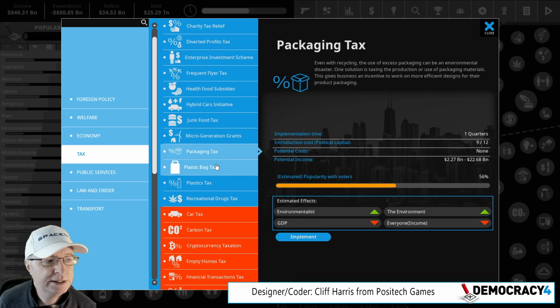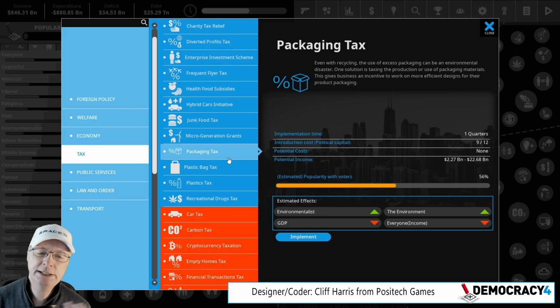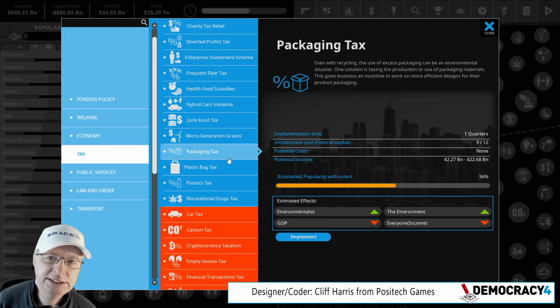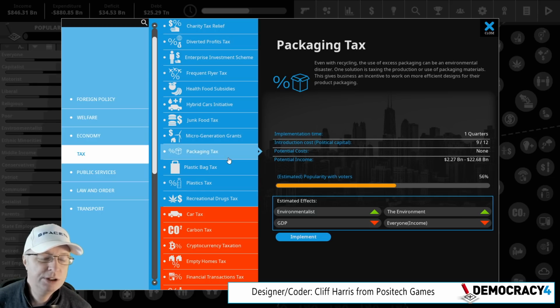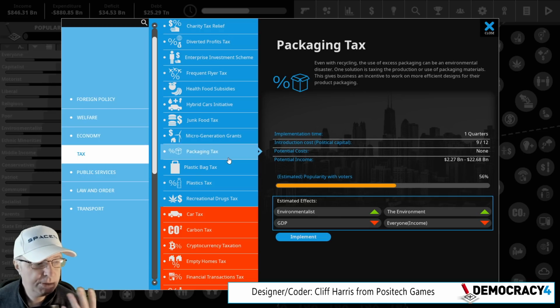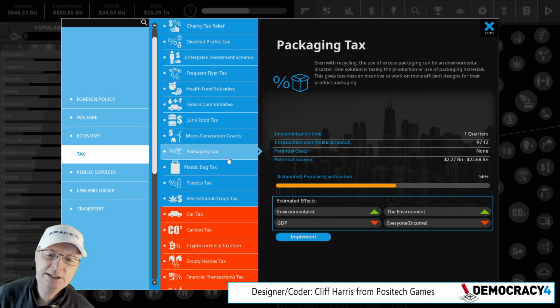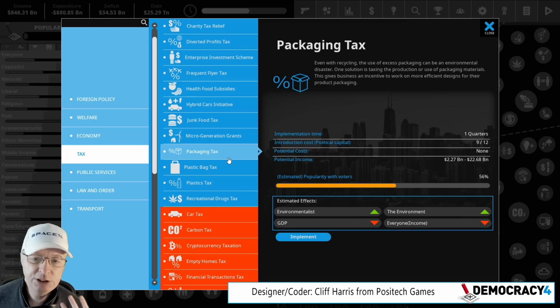So you need more intelligent, more sophisticated, possibly more expensive packaging machinery and processes in order to reduce the amount of packaging you use. So it will cost business more money and therefore it will impact GDP. Obviously it will cost business more money. If it didn't, they'd already be reducing packaging, right? That just stands to reason.